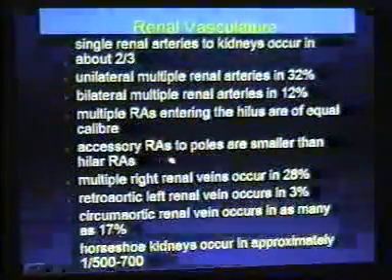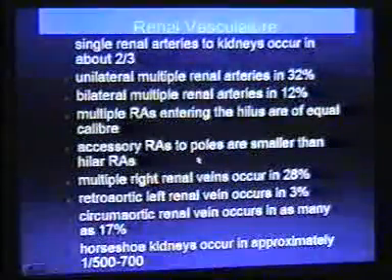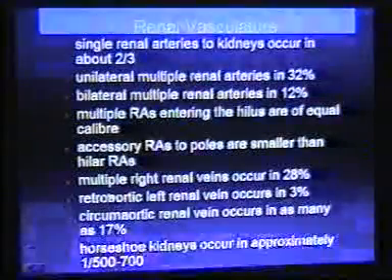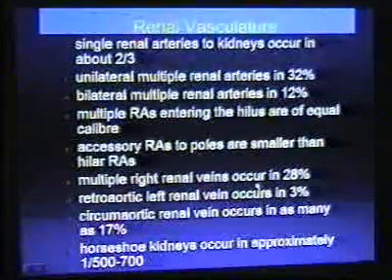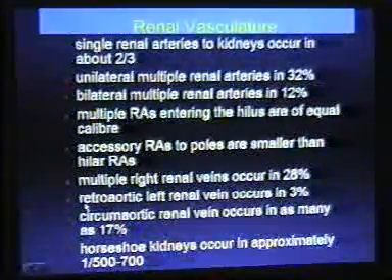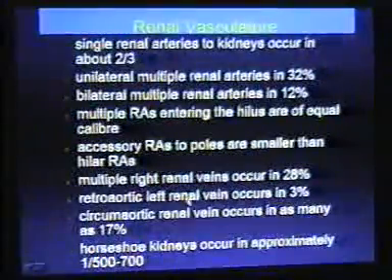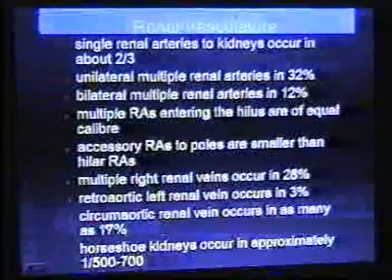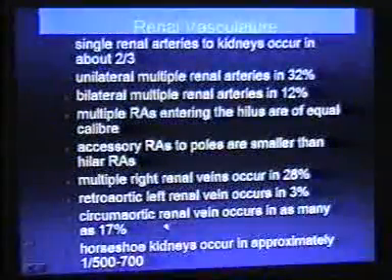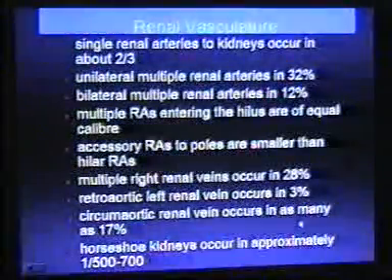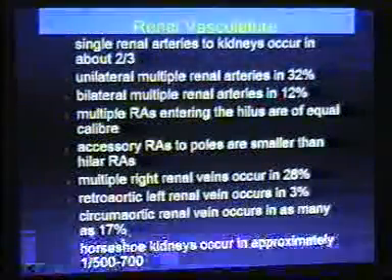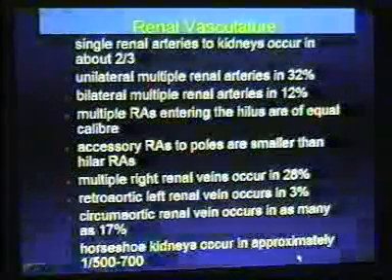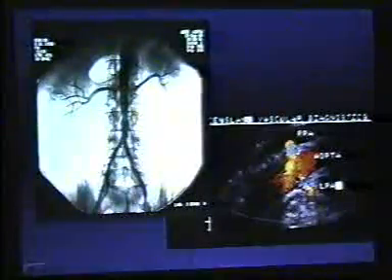Accessory renal arteries to poles are smaller than hilar renal arteries. Multiple right renal veins occur in 28%. Retroaortic left renal vein occurs in 3%. Circumaortic renal vein occurs in as many as 17%, and horseshoe kidneys occur in approximately 1 per 500 to 700.